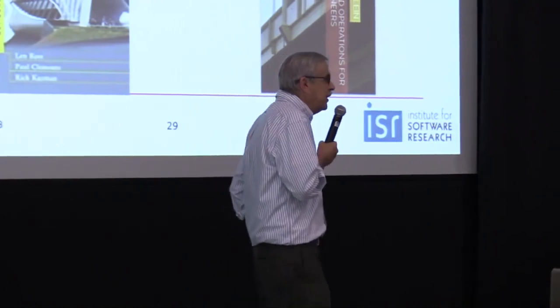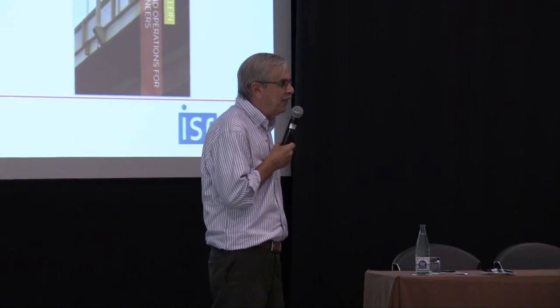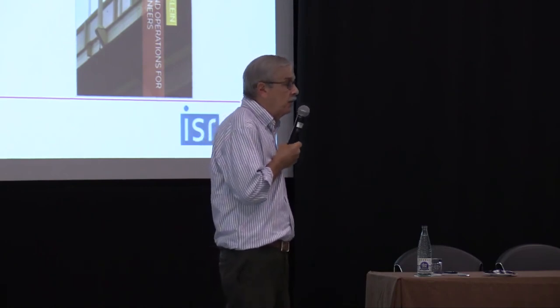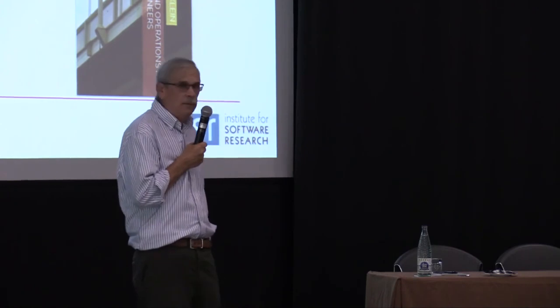So partially that's historical, and partially you're talking about different communities. Historically, David Garlan and Mary Shaw came up with the notion of architectural styles. That was, what, 92? George, you know these things. That was a long time ago.